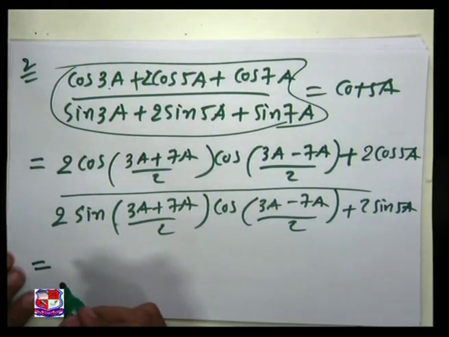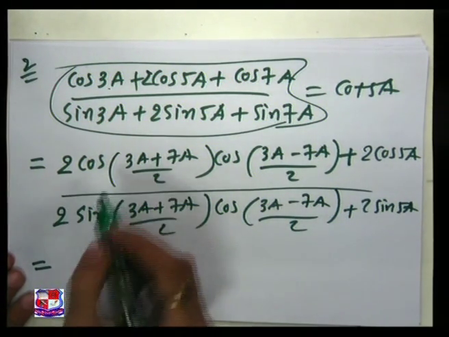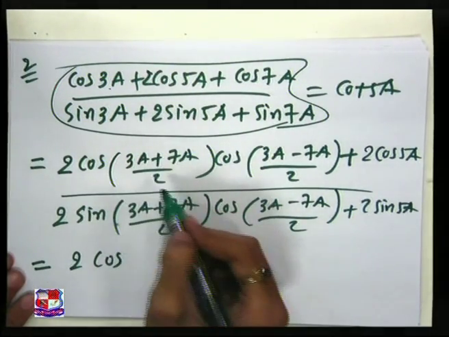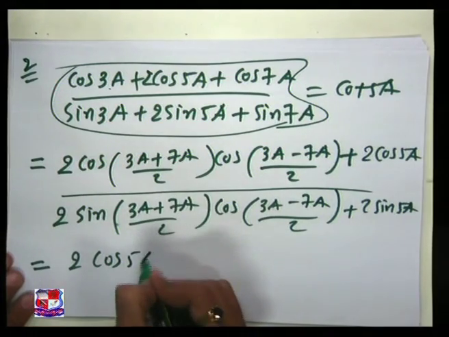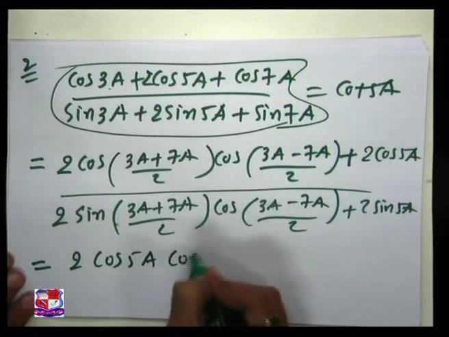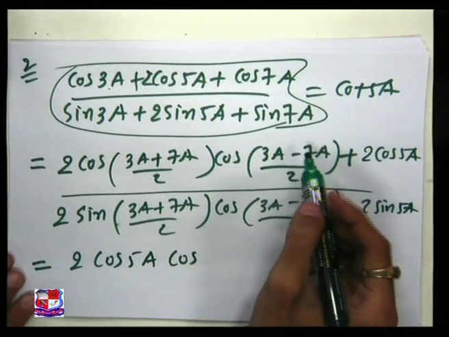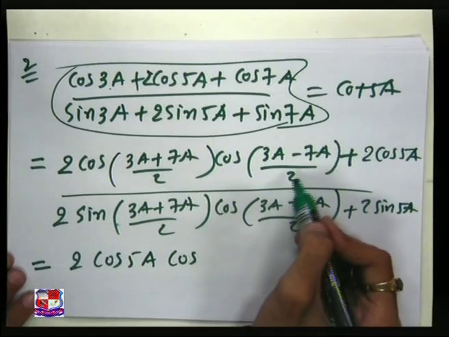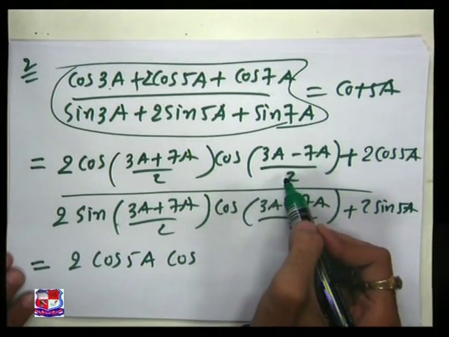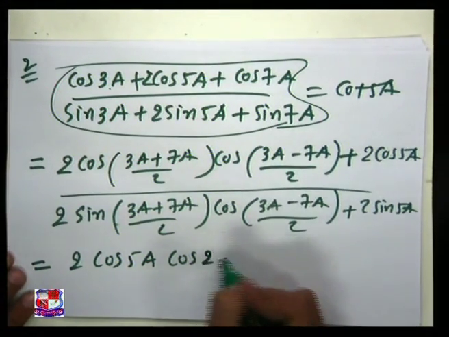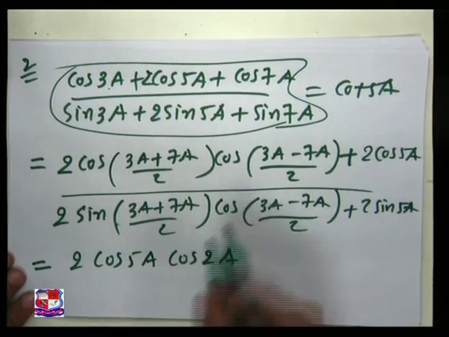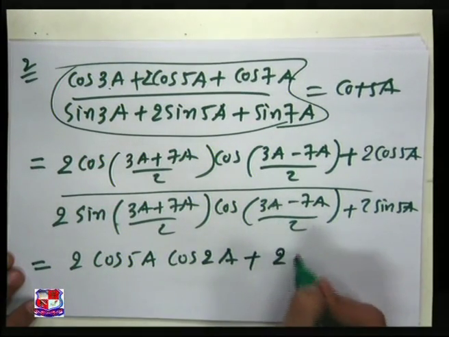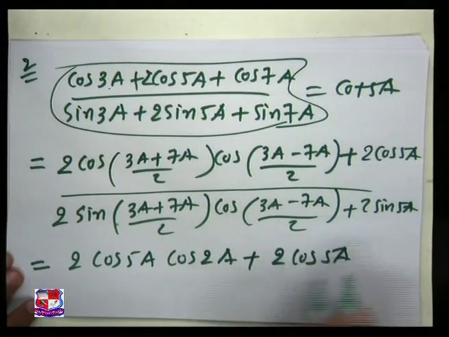So this will be 2 cos of (7a plus 3a) by 2, that is 10a by 2, that is 5a, and this one will be cos of minus 4a divided by 2, that is cos 2a, because cos minus theta is equal to cos theta, plus 2 cos 5a as it is.